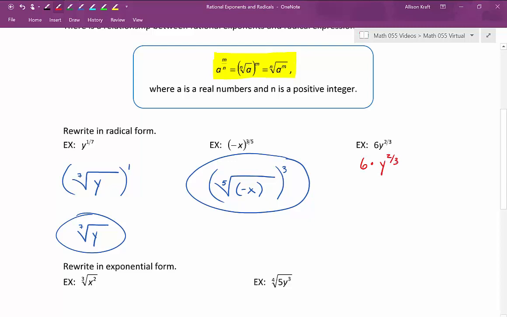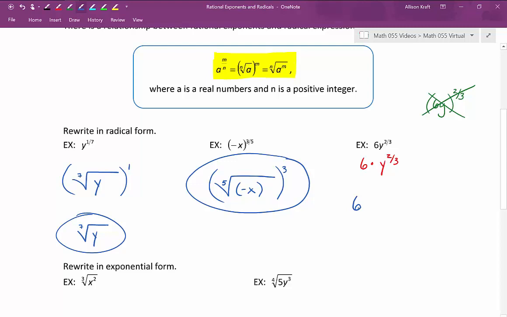Only the y is what that exponent of 2/3 is being applied to. If it was both the 6 and the y, well, the 6y would be in parentheses just like it was in the previous example with the negative x. So that's not the case. The 6 has nothing to do with the radical. It's just going to be multiplying out in front.